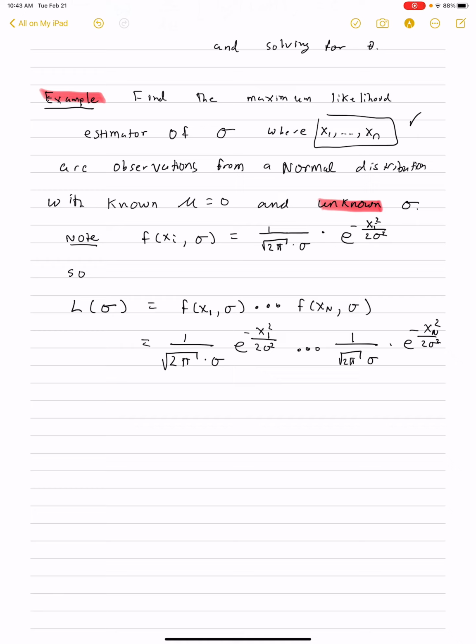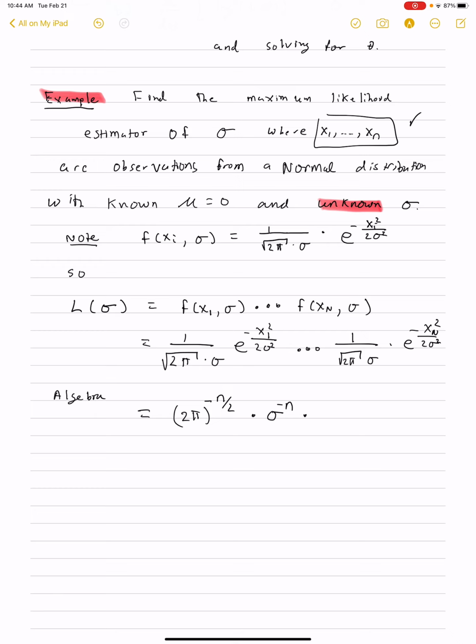Okay. Now, just doing some algebra, we're going to have 2 pi. Each of these is to the negative 1/2 power, but there are n of them. So minus n over 2 times sigma to the minus n.